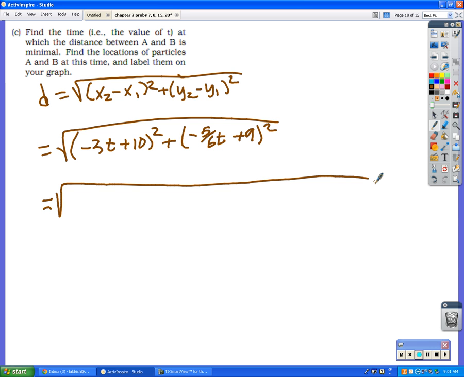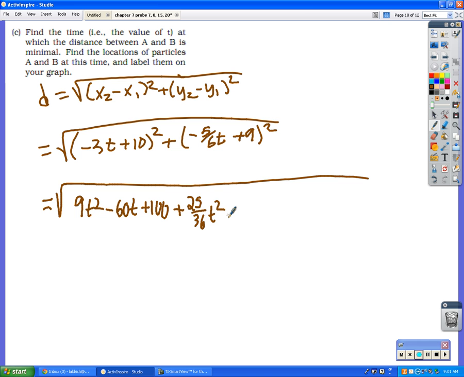So this thing squared is going to be 9t squared. And then negative 3t times 10 is negative 30t, and then I have to double that and get negative 60t. And then 10 squared is 100. This thing squared, 5/6t squared, is going to be 25 over 36t squared.